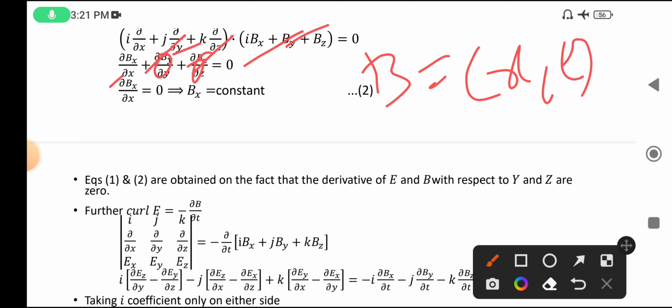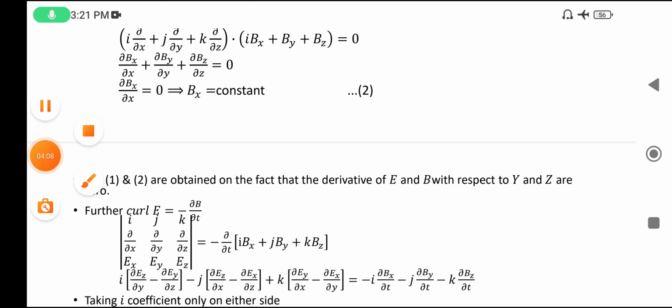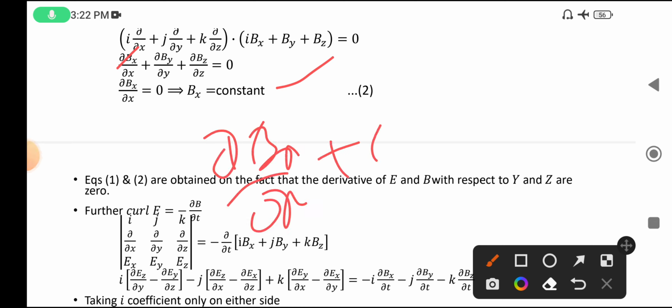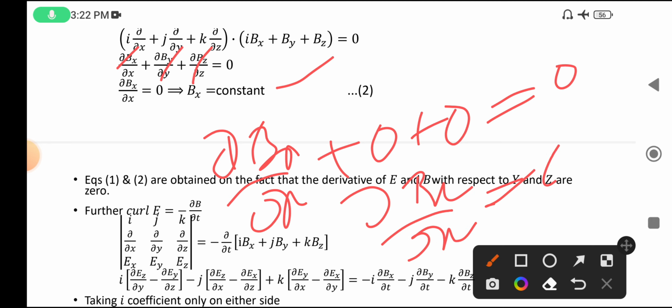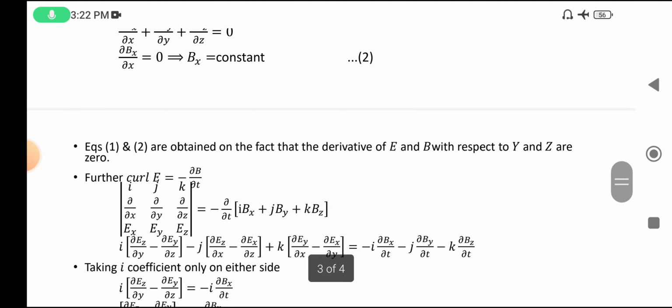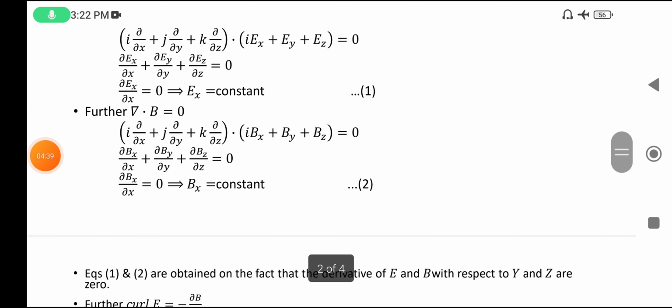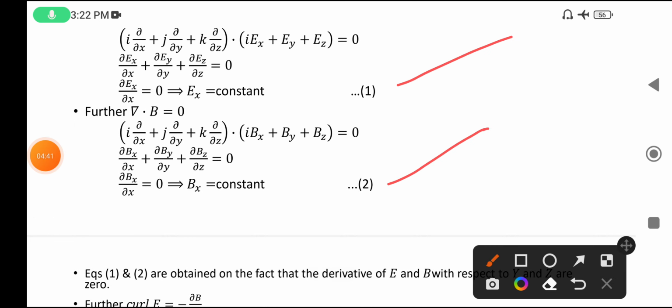Then if you substitute these two components as 0, this is also equal to 0: dou B by dou x plus 0 plus 0 equals 0. So dou B by dou x is simply equal to 0, then B is constant. When one quantity's differentiation is 0, that quantity must be a constant. Let this be equation 1 and this be equation 2.